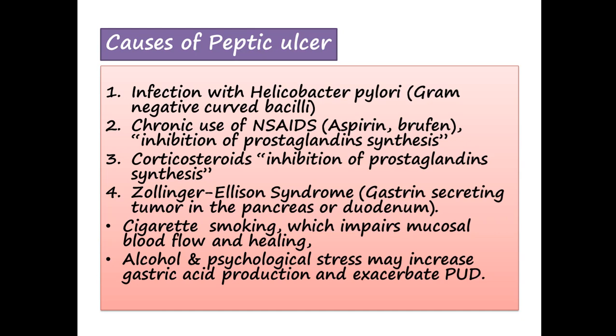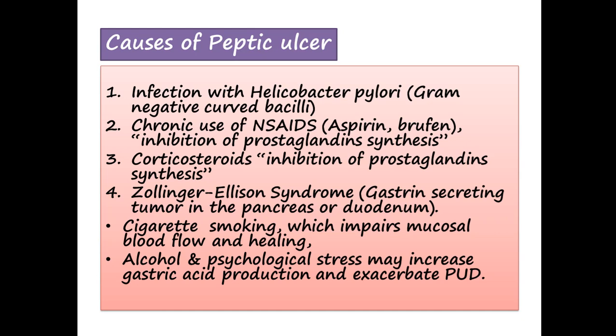The second cause of peptic ulcer disease is the chronic use of non-steroidal anti-inflammatory drugs, which are very commonly used, particularly by patients of chronic painful disorders like rheumatoid arthritis, osteoarthritis, and other diseases. They use NSAIDs, non-steroidal anti-inflammatory drugs, for months and years.